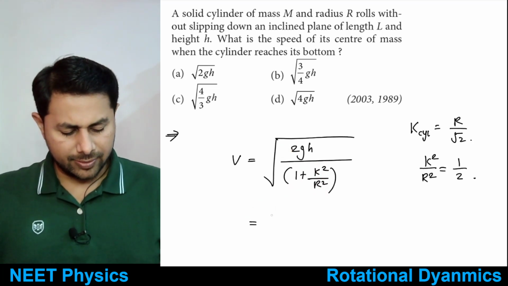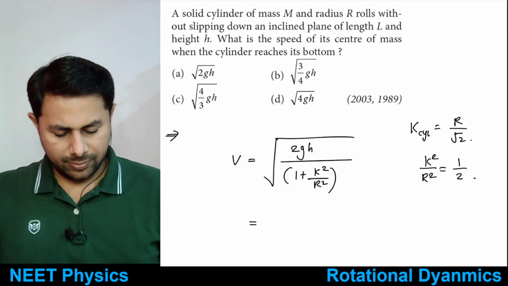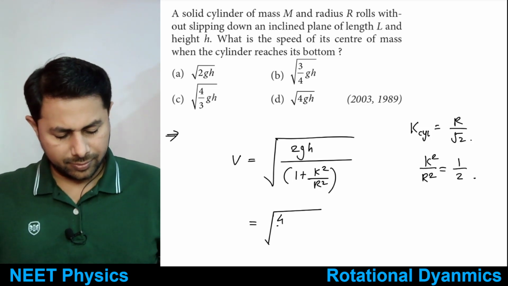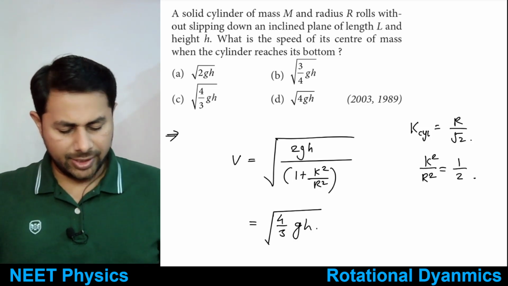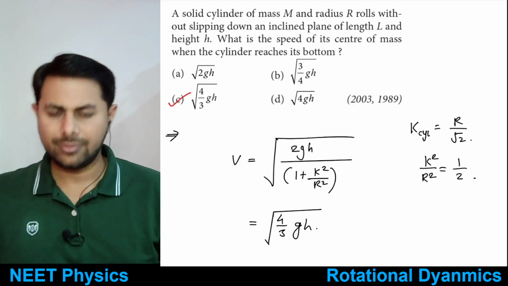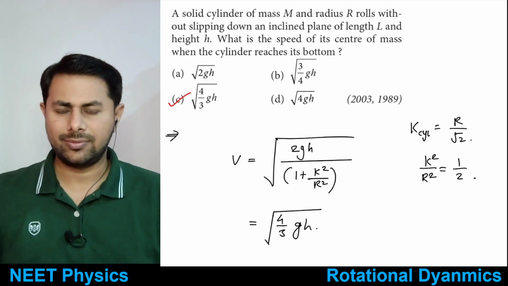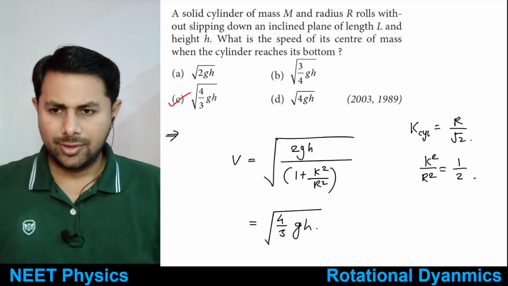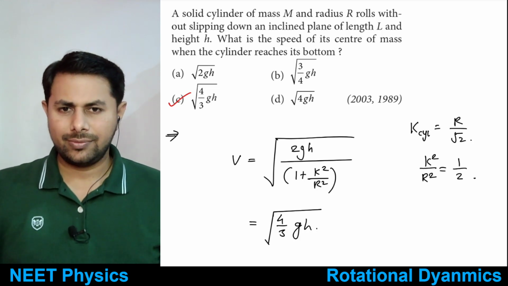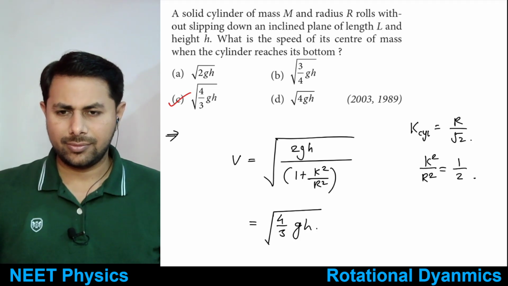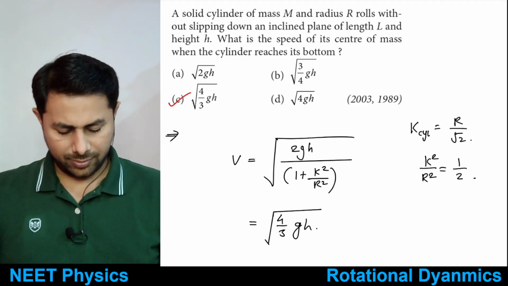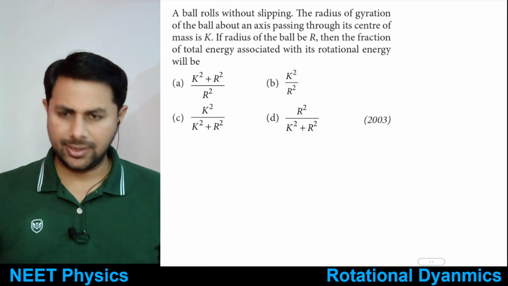So the answer is the square root of 4 by 3 gh. It's option C. Okay, direct formula. Right, everyone? Okay, good. Let's see the next one.